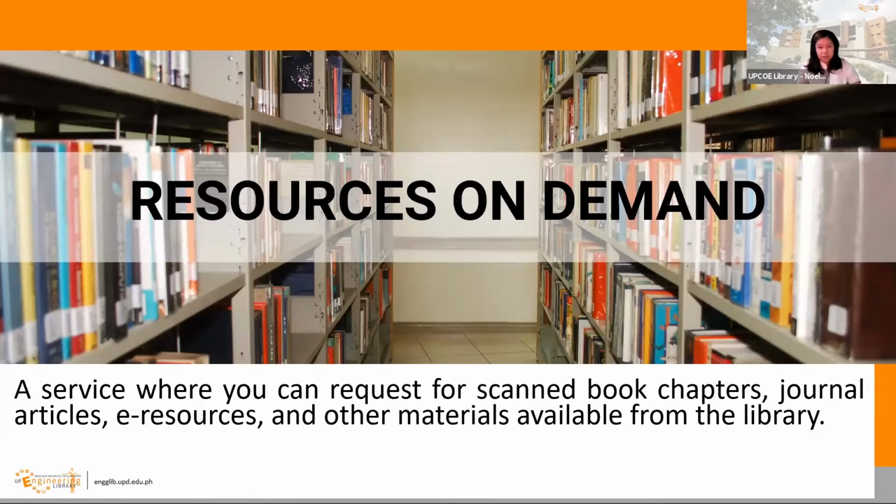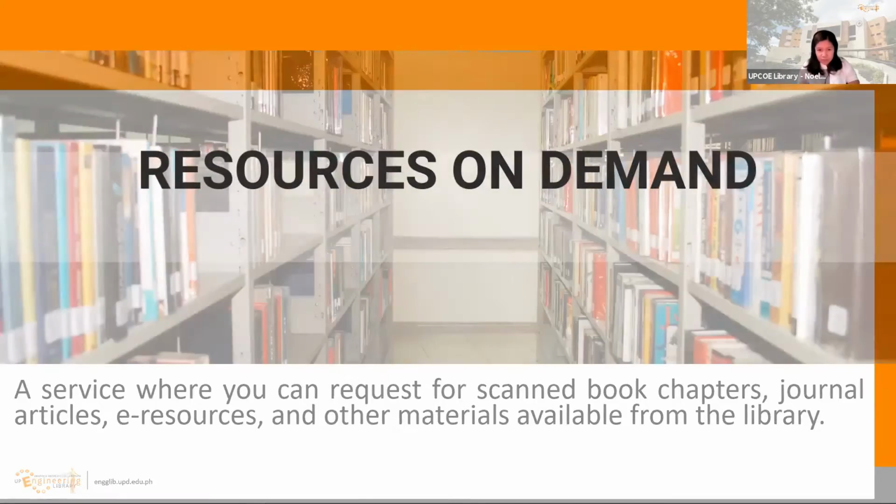That's why if you don't want to go out of your home, you can request scanned book chapters, journal articles, e-resources, and other materials available from the library. You just need to fill out the form. You don't need to go to the library.